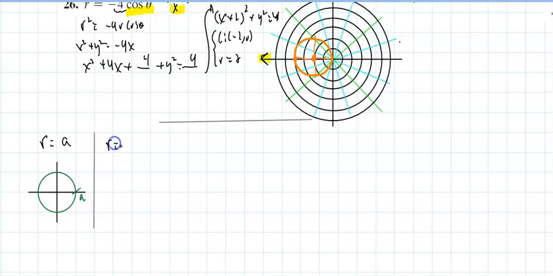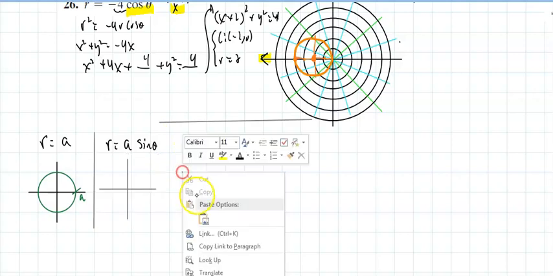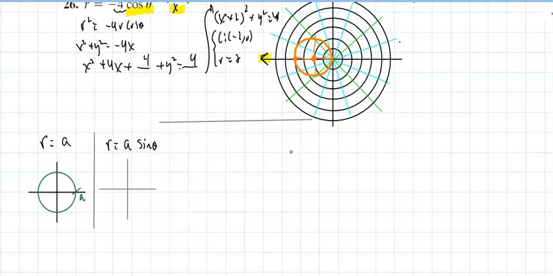If I see r equals a sine theta, then I would know by now that it's one of two graphs. It is either, I would know that it is either, a circle with a diameter of a.